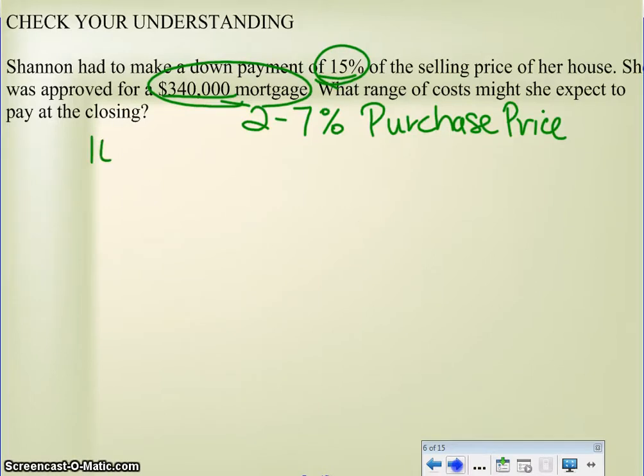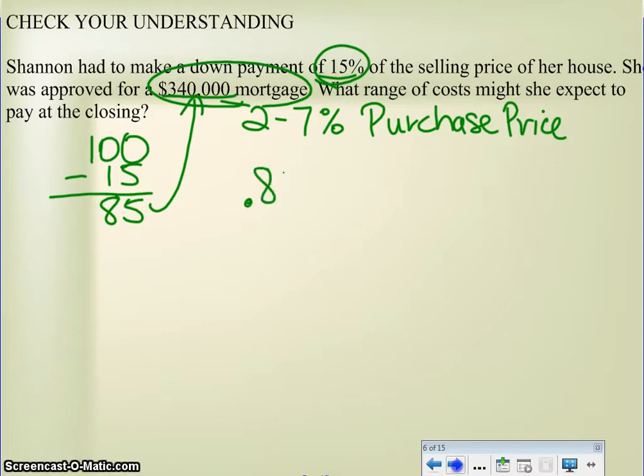Well, if 100% of the house purchase amount is that given amount, but I know that the down payment was 15%, then I know that this mortgage represents 85% of the purchase price.